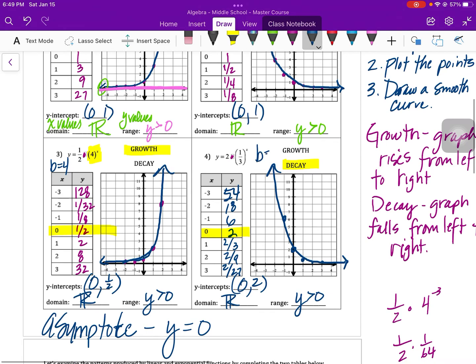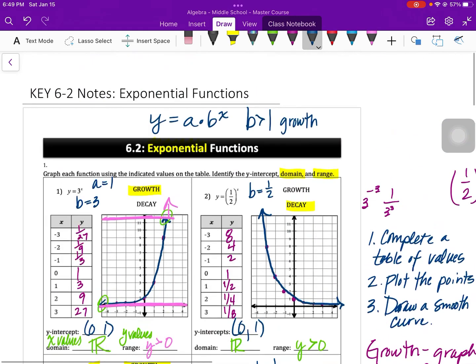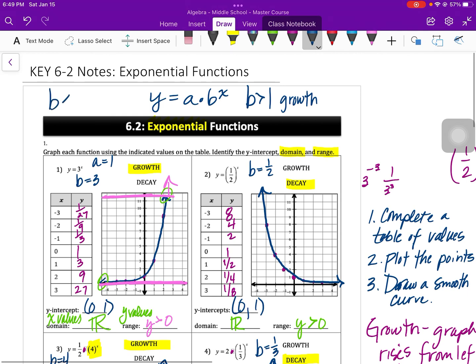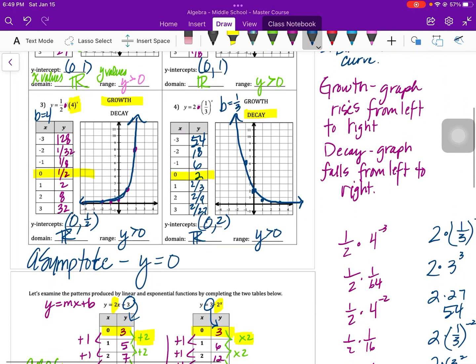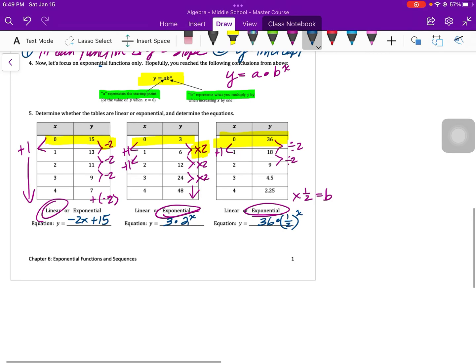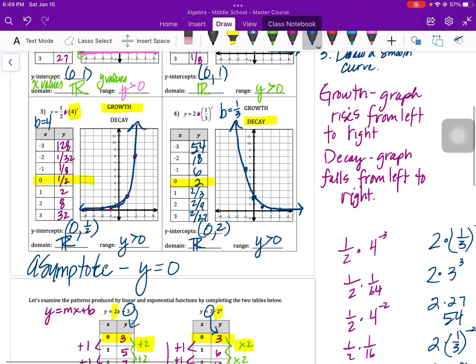In number 4, the value of b is 1/3. So anytime b is less than 1, it's going to be a decay function, or our graph is going to fall from left to right. Okay, so those are important observations to make, and I think as we move through and get into our next section, we'll be talking about that a little bit more, but I think that's something important that we need to notice.